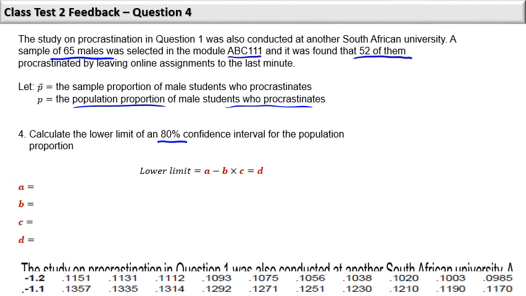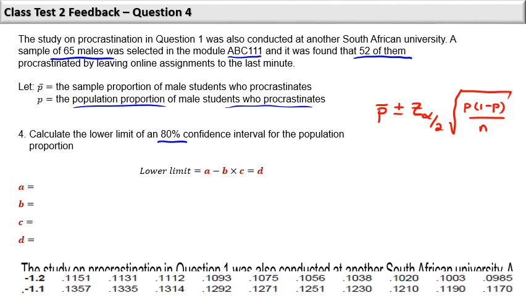And that formula, if you remember it very well, is P bar plus or minus Z alpha over 2 times the standard error of P bar. The standard error would be the square root of P times 1 minus P over N. But we don't have P in this question, all we have is P bar.